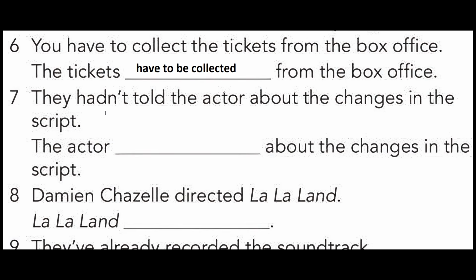The past perfect passive: The actor hadn't been told about the changes in the script. Yeah, I hadn't included it in my explanations of the passive grammar previously. But it's possible actually. You can use the past perfect passive.